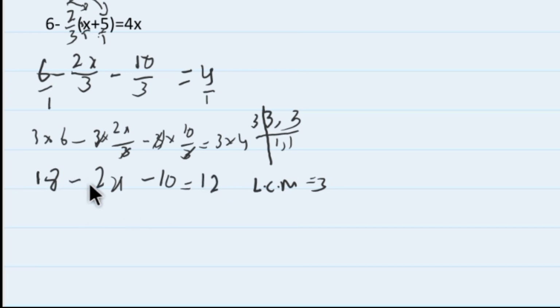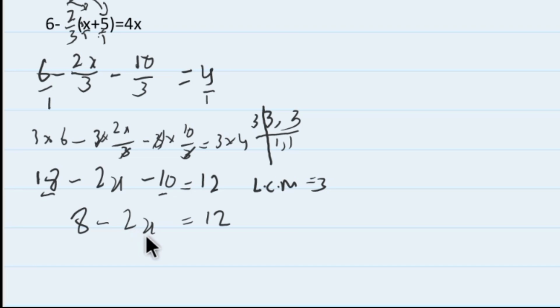Now the next step is to regroup like terms on each side and simplify them. So we simplify these two like terms, 18 and 10 on the left hand side. So 18 minus 10 is 8, minus 2x. Now the next step says isolate like terms on each side of the equation.